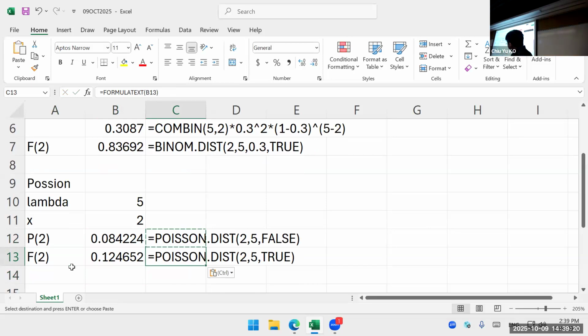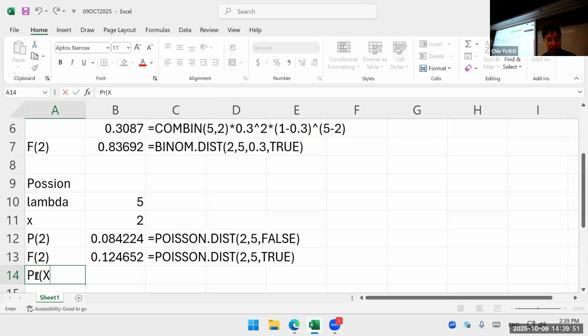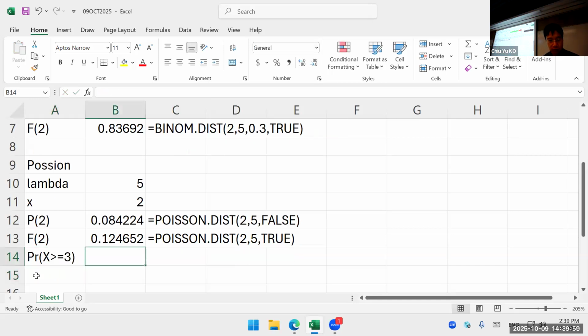There's a tricky point here. What is the probability that 3 or more people come in? To calculate 3 or more people coming in, you would have to add P3, P4, P5, all the way to P infinity. You can't really do it. That's why you need to use the complement rule, which is 1 minus the F of 2. If you want to calculate the probability that X is greater than or equal to 3, just take 1 and subtract this.